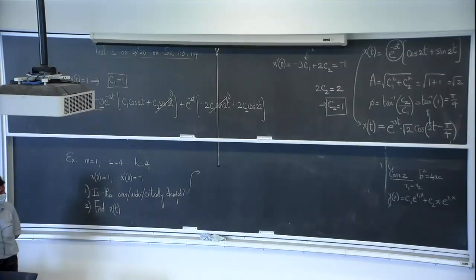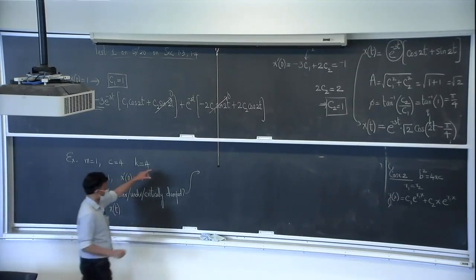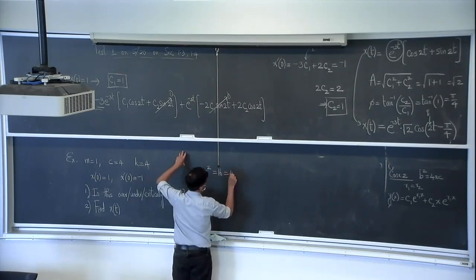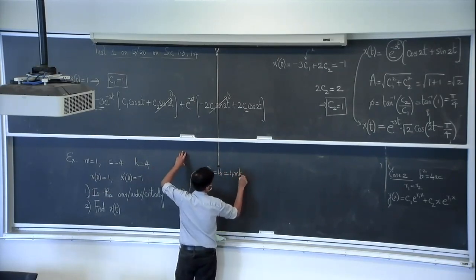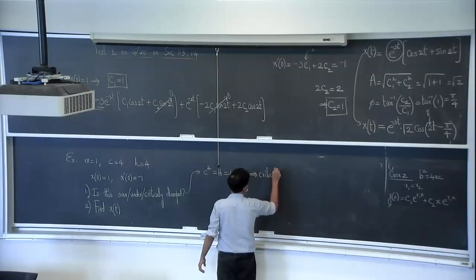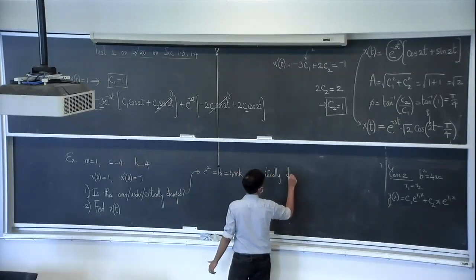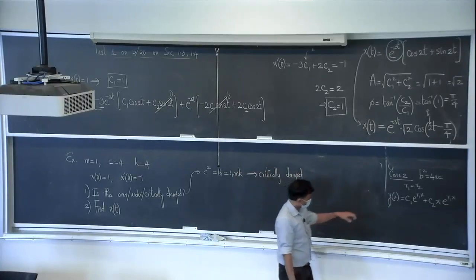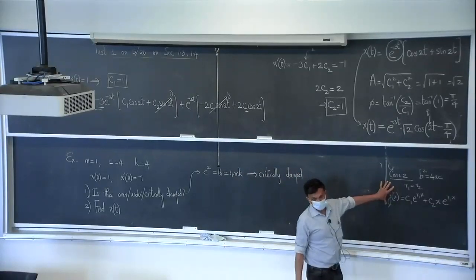What is your expert opinion on the first one? Over, under, or critically damped? Critically damped. Okay, c square is equal to 4mk. Case 2.